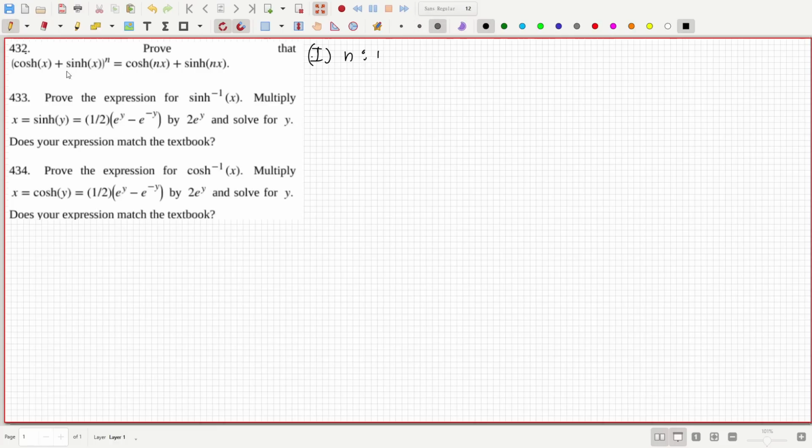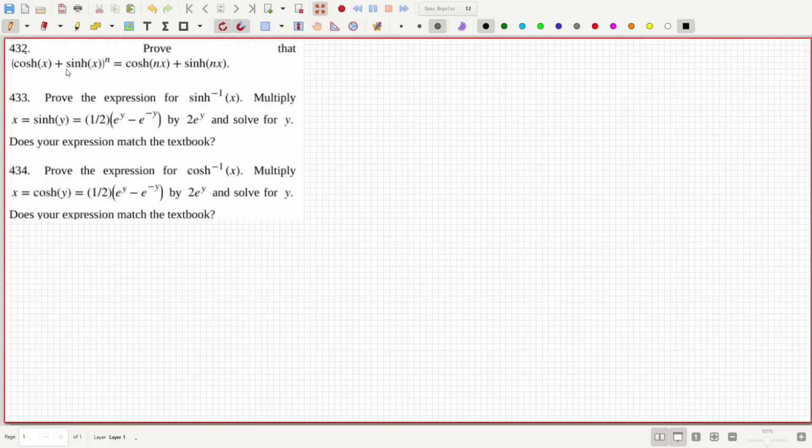So that's clearly true. Then step 2, we want to assume it's true for k. No, well, I can do this, but then I'll have to use more trig identities. No, I'll use the binomial. That's what I'll do. Okay.